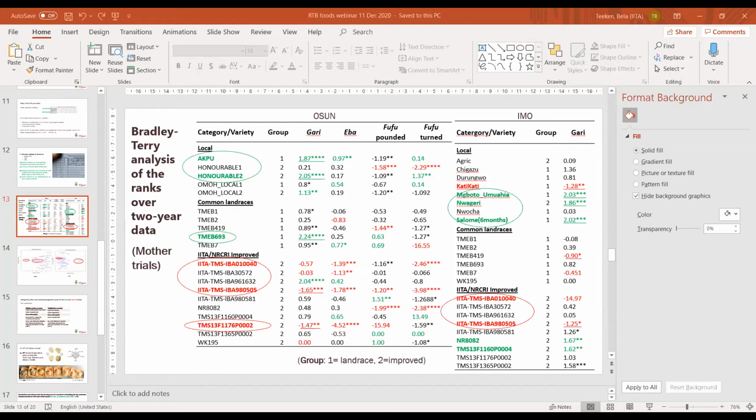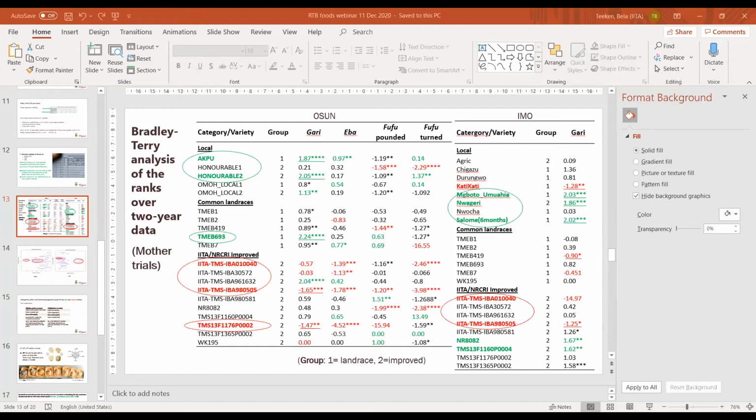Yes, indeed, there's a difference for Fufu. You see, for example, that for Fufu, some improved varieties from IITA are more suitable than they are for Gari, strangely enough. So there is probably, if you want to have the best Fufu and the best Gari in the world, you should have different pipelines. But you also have to realize that farmers want to make those products from the same variety, because they don't plan their work at the beginning of the year.